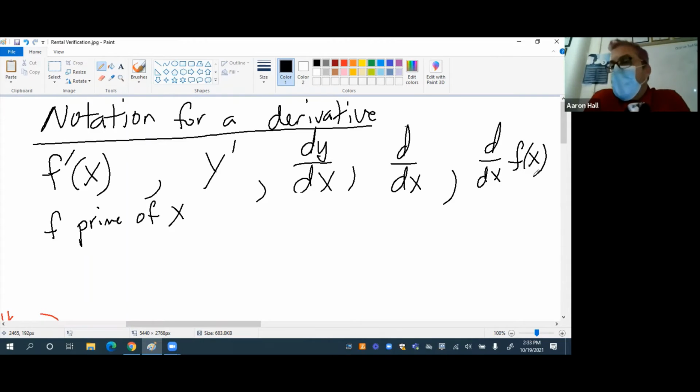Now, which one's more common? Well, they're all common. And so that's something that we have to get used to. When I was learning Russian, I was a high school exchange student to what was then the Soviet Union. I thought, wouldn't it be nice if the Russian language didn't have so many synonyms? Why can't they just decide?